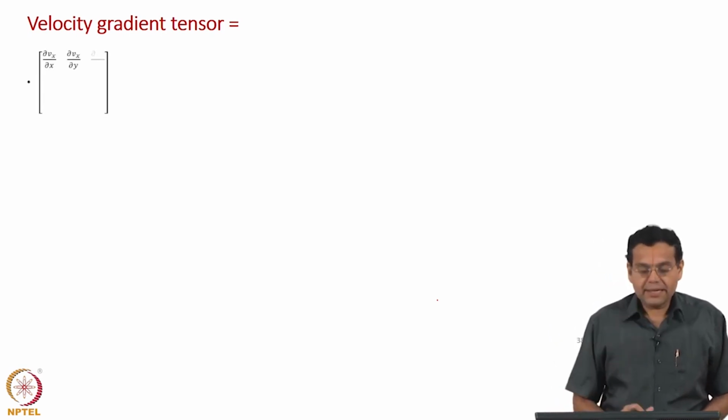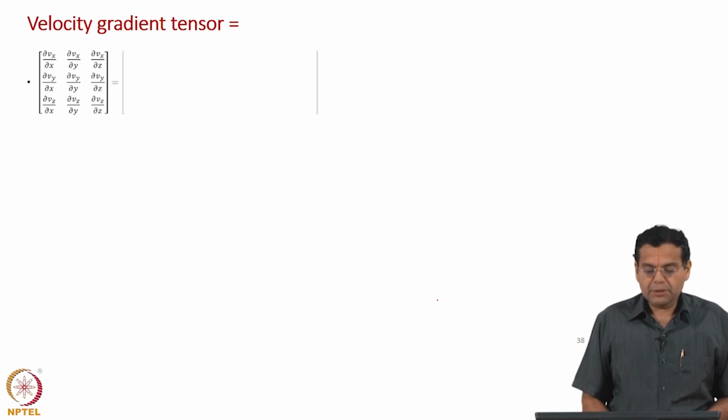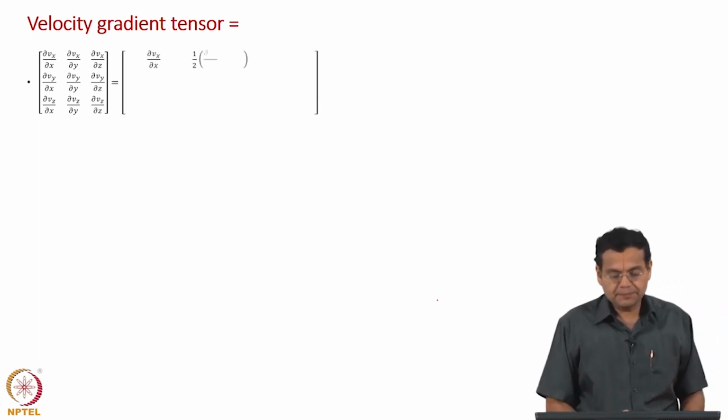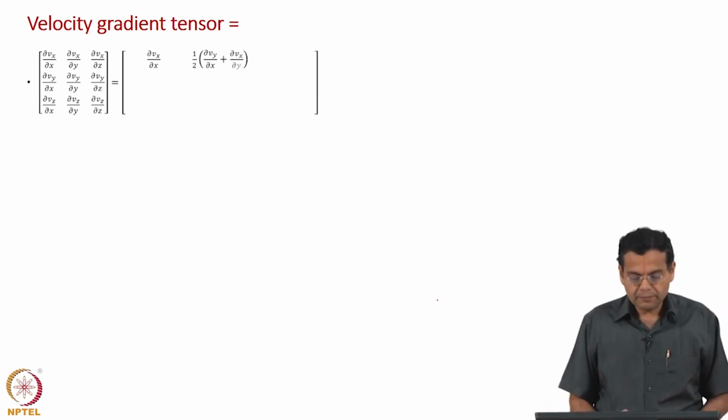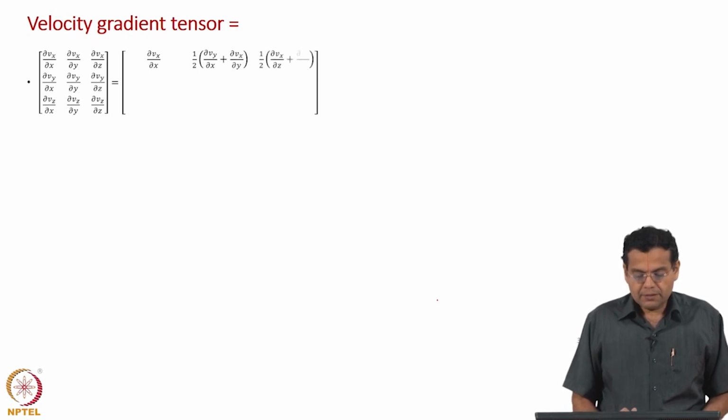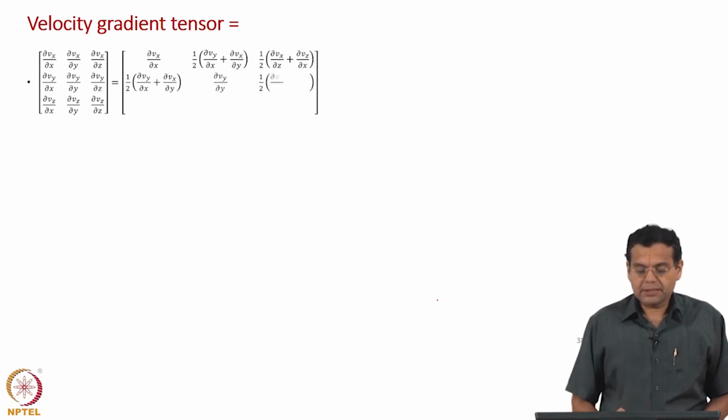The velocity gradient tensor, that is the left hand side, is equal to the sum of two tensors. Okay.